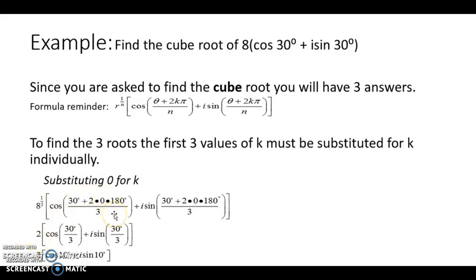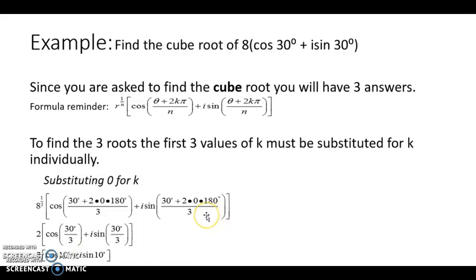Now simplifying inside the parentheses using the order of operations. Multiplication first in the numerator. We must get an answer for the numerator before we can work with the denominator. So 180 times 0 times 2 is 0, plus 30 degrees gives us 30 degrees. Copying the denominator, 30 degrees divided by 3, of course, gives us 10 degrees.